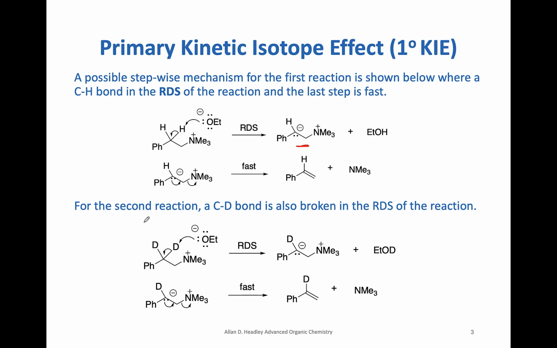For the second reaction, here we have a CD bond that is now broken. So the question is, if this is the rate determining step which dictates the overall rate of the reaction, why is this faster than this one? Let's see why.